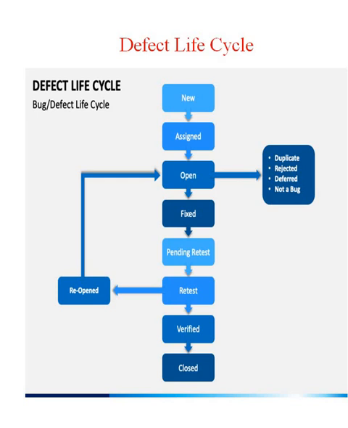For handling this defect, there is a life cycle of that defect. That means the defect arises, then it is opened and assigned to your development team to retest that defect. Why was it generated in this application?